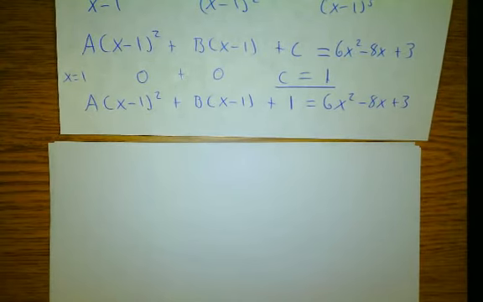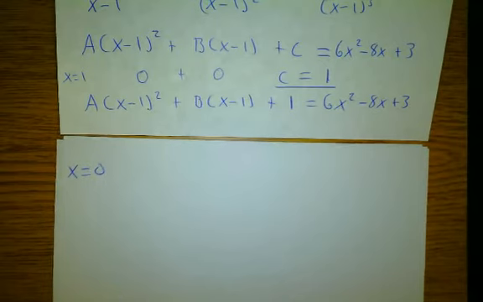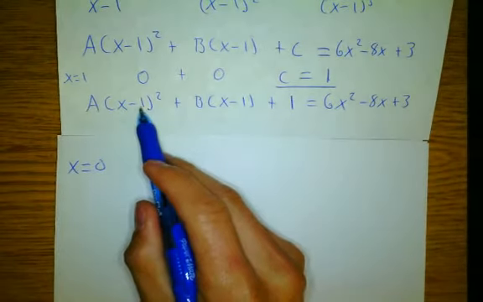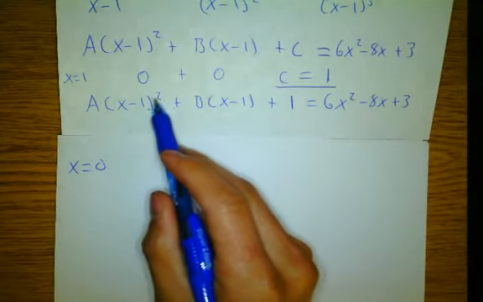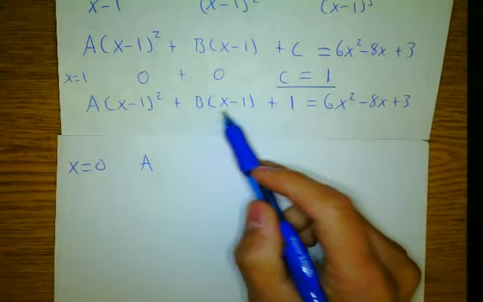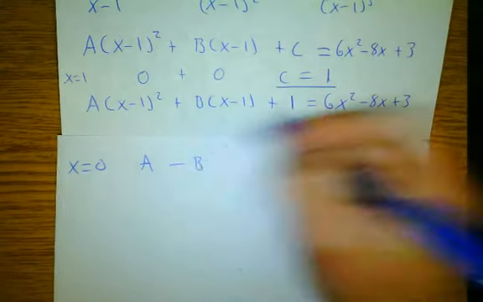Negative 1 squared is 1 times A is A. 0 minus 1 is negative 1 times B is negative B. Plus 1 equals 0 squared is 0 times 6 is 0. Negative 8 times 0 is 0. So plus 3 is 3. So what's A minus B? 2.